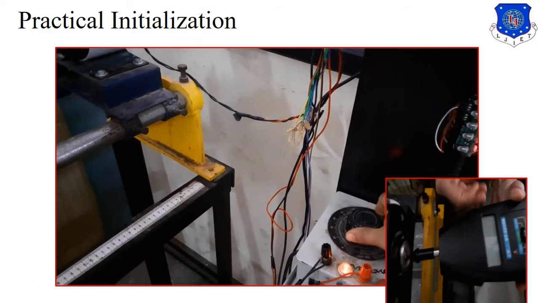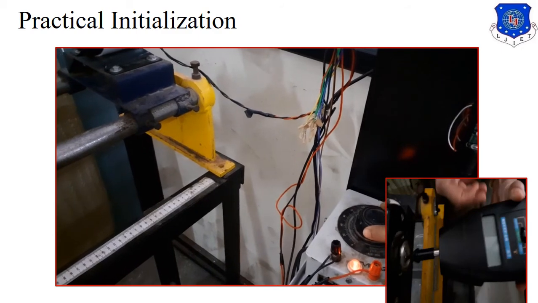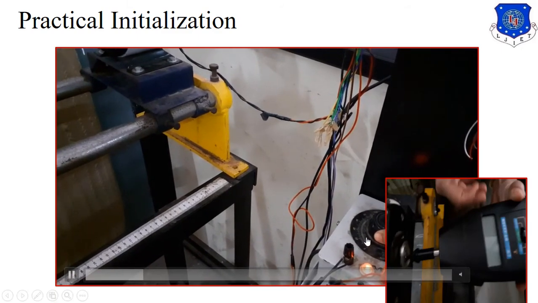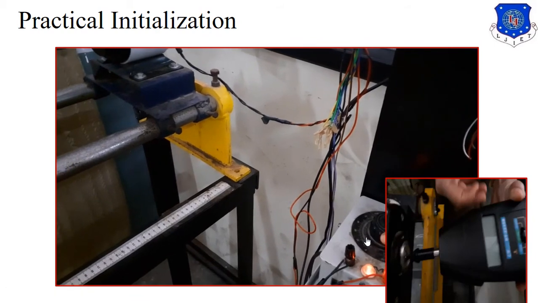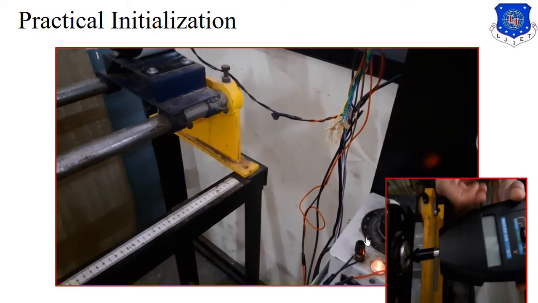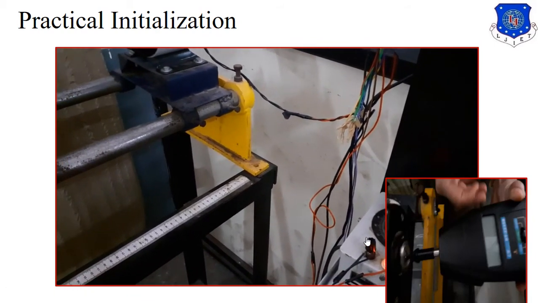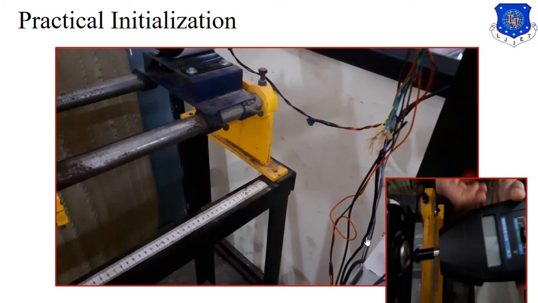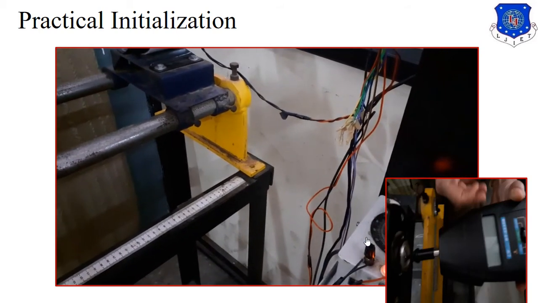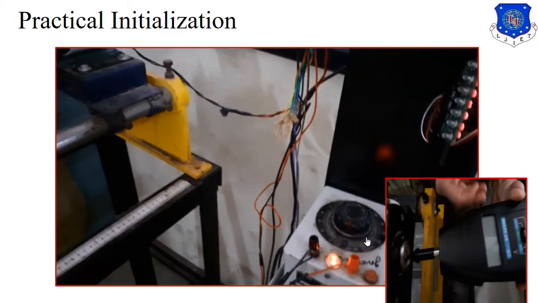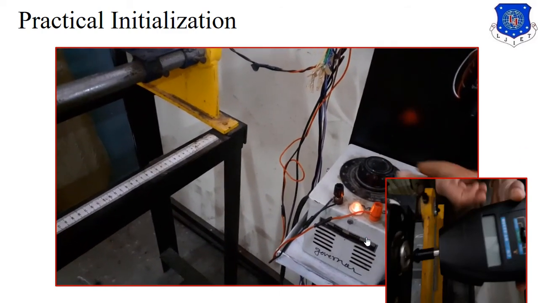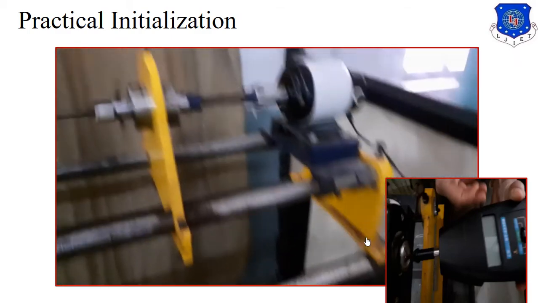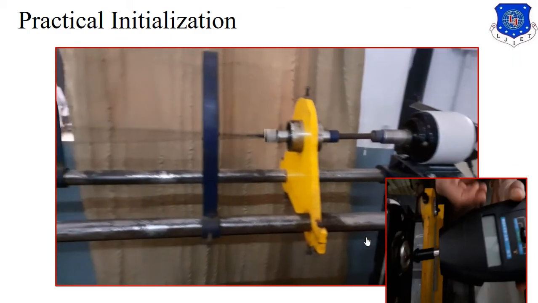I am increasing the speed, as you see. By increasing the voltage in the variac, we get an increased speed in the rotor. Now our motor starts rotating, and it transfers load to the shaft, as you see in our video.